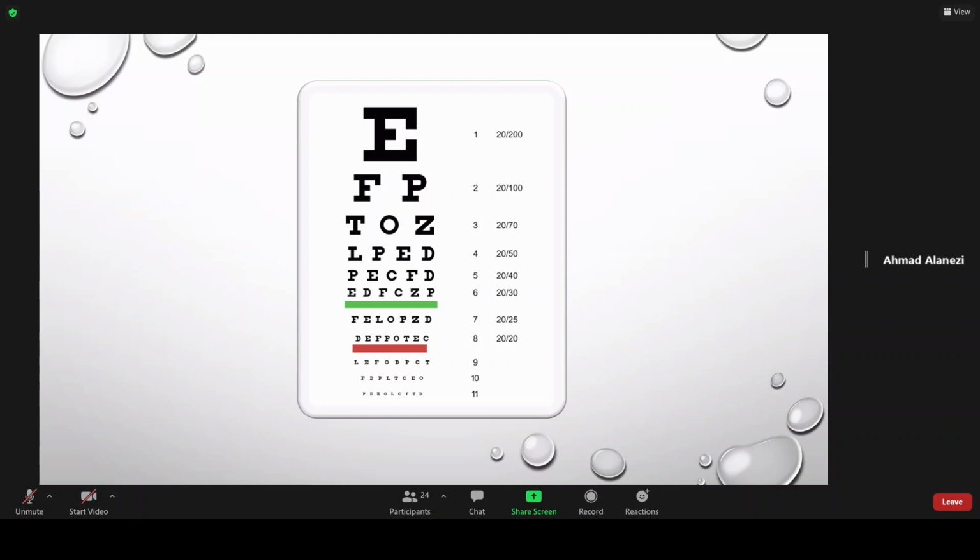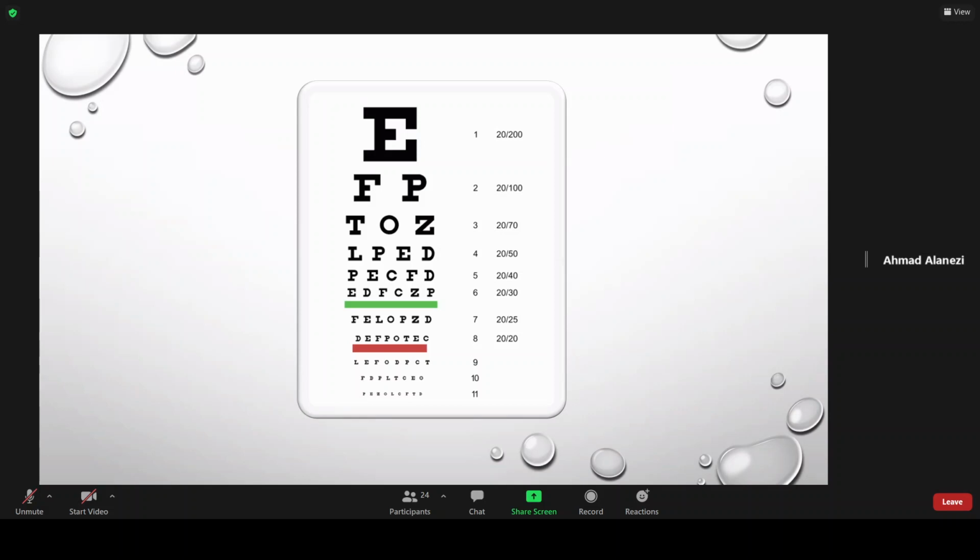Visual acuity is formally done by Snellen chart. If the child is uncooperative or young, you can bring small objects or a small scratch on paper and try to see if he is able to see those.